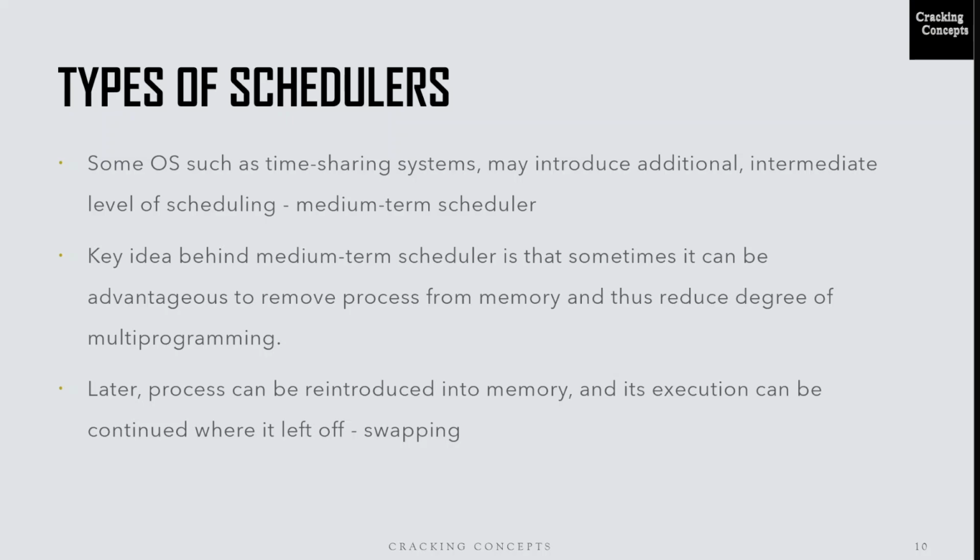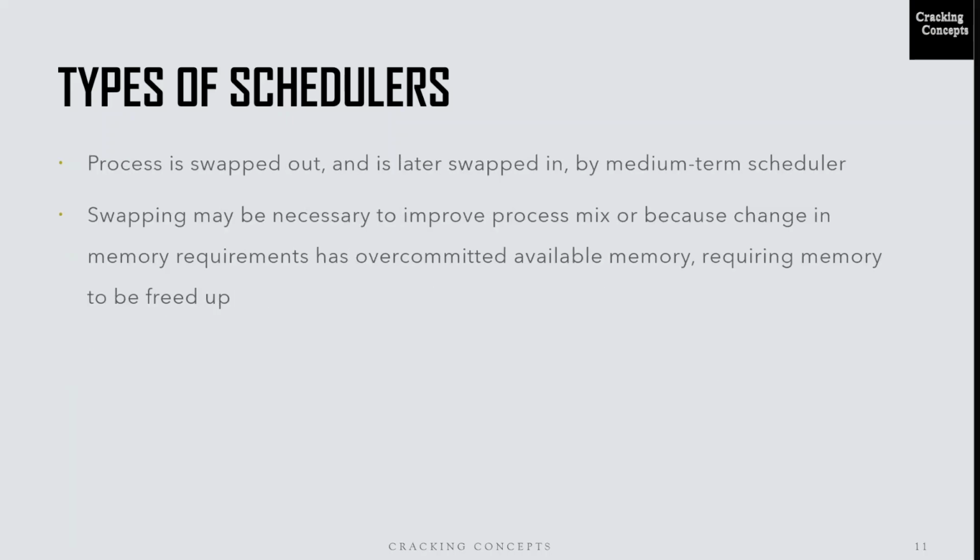Later, the process can be reintroduced into memory and its execution can be continued where it left off. This scheme is called swapping. The process is swapped out and is later swapped in by the medium term scheduler. Swapping may be necessary to improve the process mix or because a change in memory requirements has overcommitted available memory, requiring the memory to be freed up.